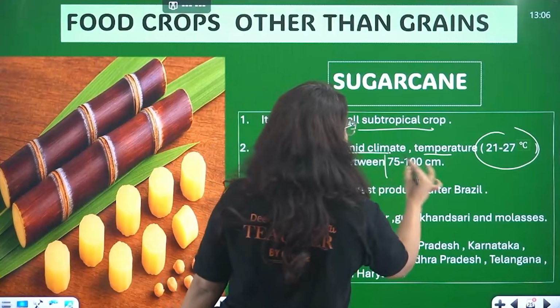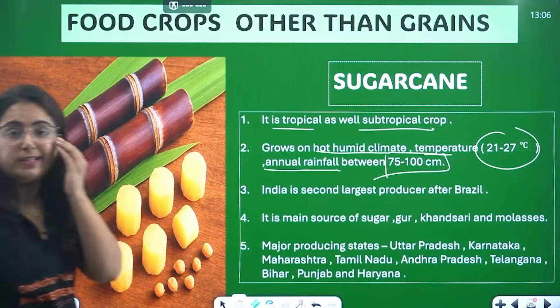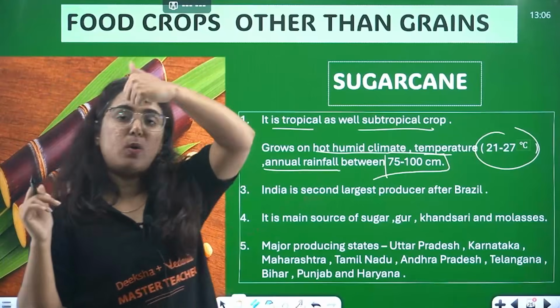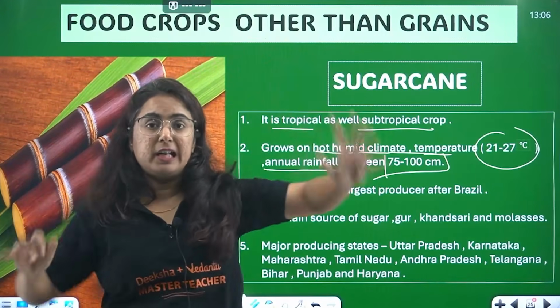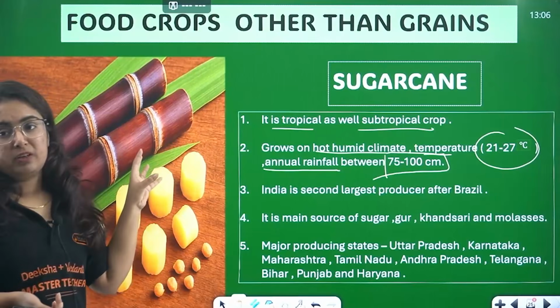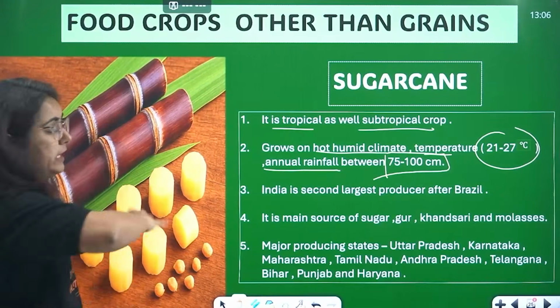Annual rainfall is between 75 and 100 centimeters. Wheat requires 50 to 75, and rice requires more than 100. Between them, what can be grown is sugarcane, at 75 to 100.